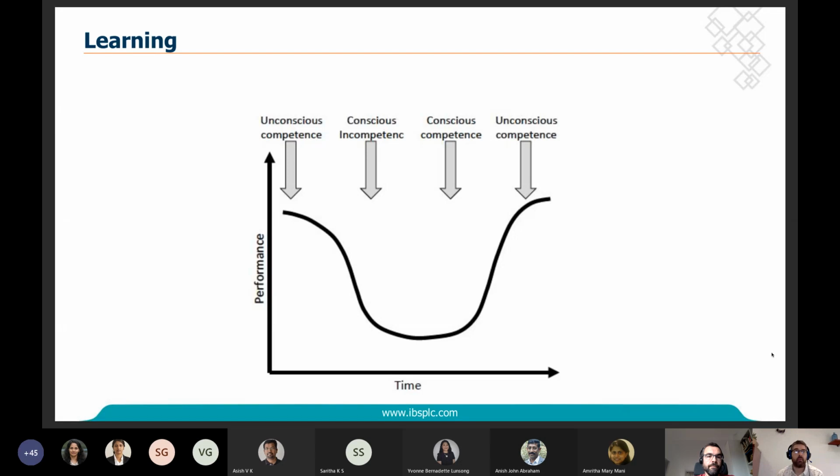Okay, some of the reasons maybe why. And here it's about learning. As you can see, we love graphs with performance and time. And here it's how we learn to deal with changes. As a person, a good example could be if you are used to driving an automatic car.